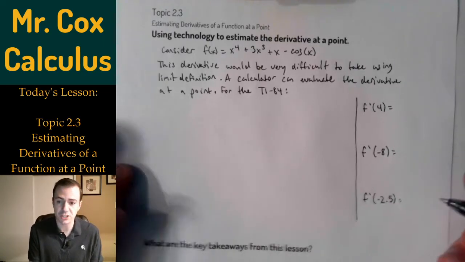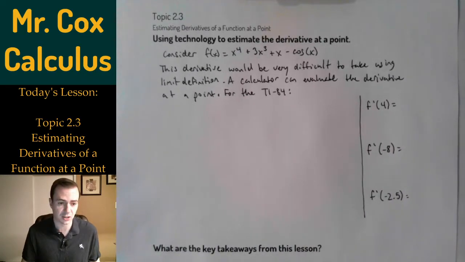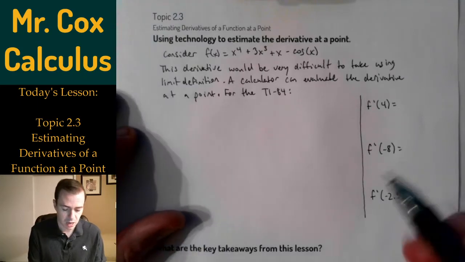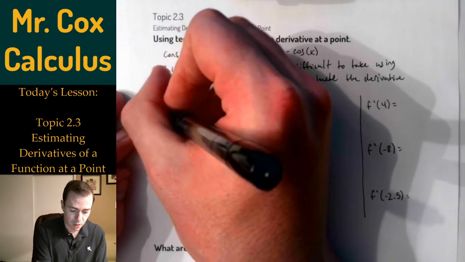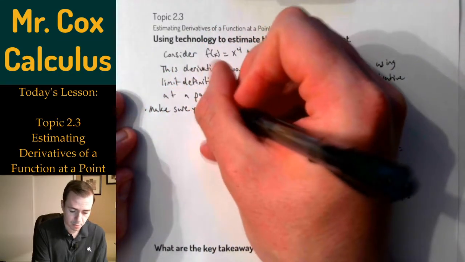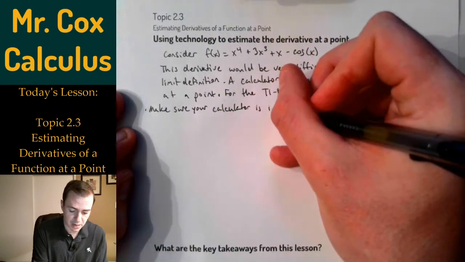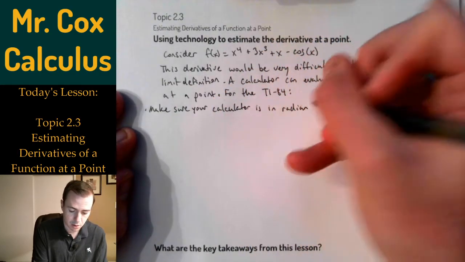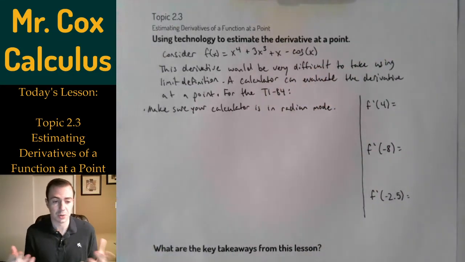So the first step in doing this for your TI-84, and this is also going to be true for any calculator that you use for this class, is you want to first of all make sure your calculator is in radian mode. In calculus class, you're going to be working in radians.